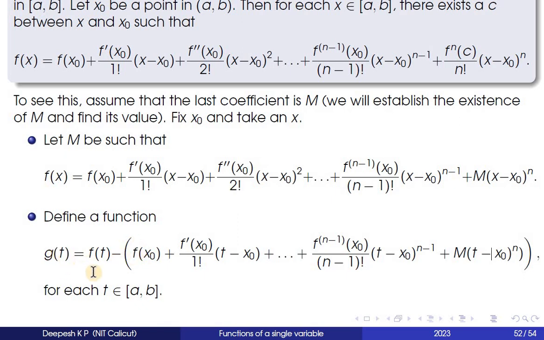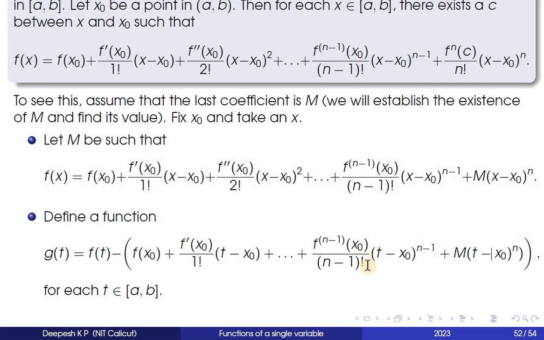If you differentiate a first degree polynomial, it becomes a constant, so the next derivative will be 0, and similarly for the second term, the second derivative with respect to t will give you 0 because it's a first degree polynomial, etc. This last term is an nth degree polynomial in t. So when you differentiate g n times with respect to t, the other terms vanish because they are polynomials of degree at most n minus 1.